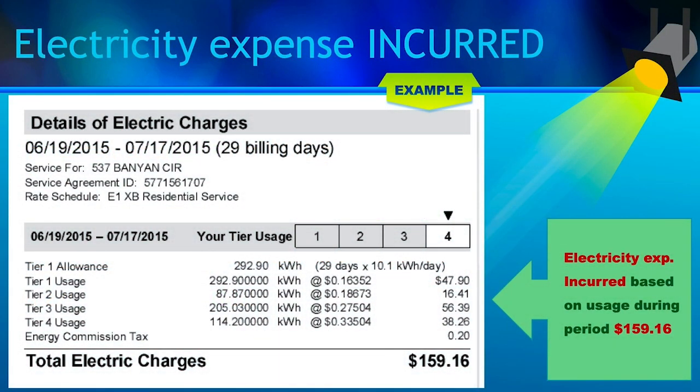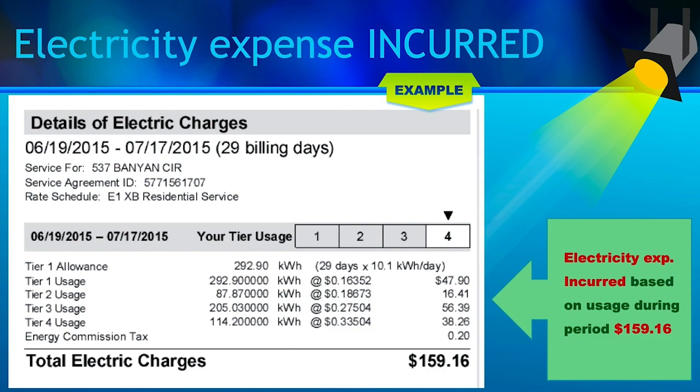So for example, looking at this electricity bill, the electricity expense is incurred because of usage, using an asset. Like your computers, the room, the televisions, anything that uses electricity. So because of the usage, you incur an expense. In this case, the expense incurred is $159.16.